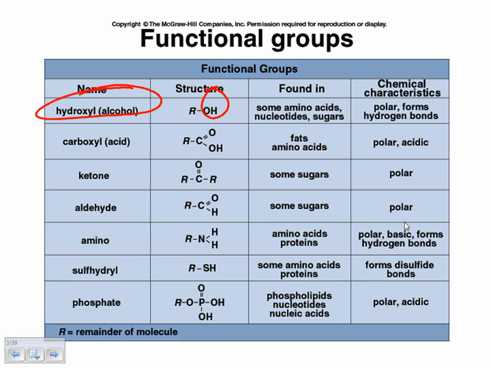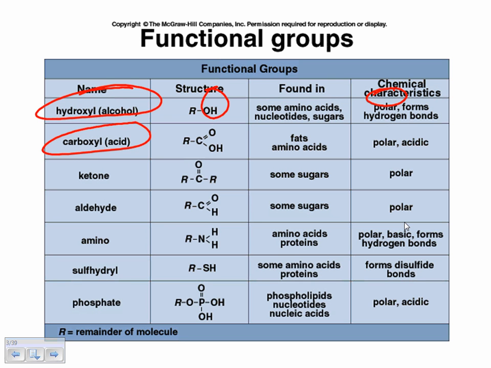But what it does to a carbon chain, since it has oxygen in it, an electronegative element, connected up to hydrogen, which isn't very electronegative, it makes the molecules that contain this particular functional group polar. And because they're polar, it allows them to form hydrogen bonds and link to other molecules. We'll talk more about hydrogen bonds in the days to come. But what you need to know about hydroxyl groups is that molecules they're attached to become polar and form hydrogen bonds, largely because of this very electronegative oxygen atom contained inside.